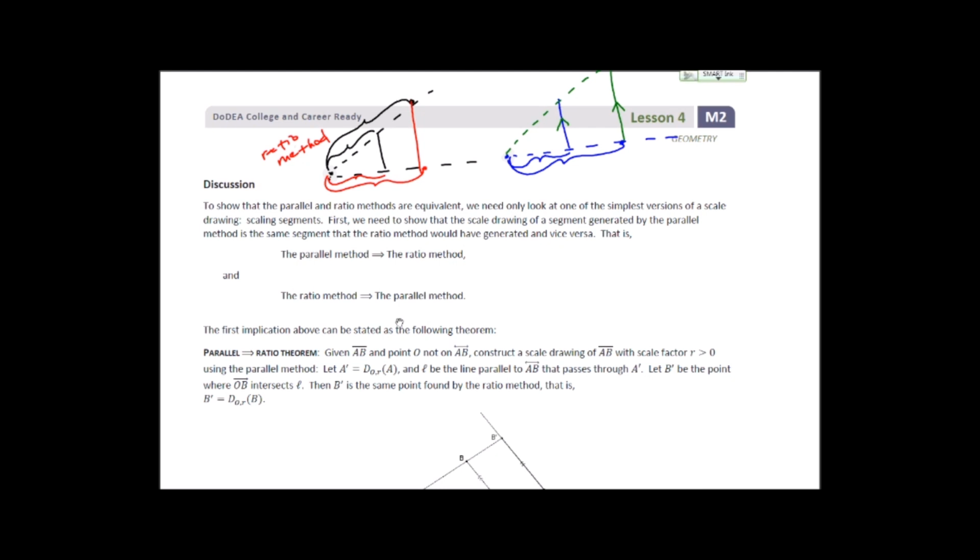Now in our proof today, we are simply going to prove that these two are equivalent, that the ratio method is the exact same as the parallel method, and the parallel method is the exact same as the ratio method. We will start off with proving that if you have the parallel method, then it follows that the ratio method must be true.